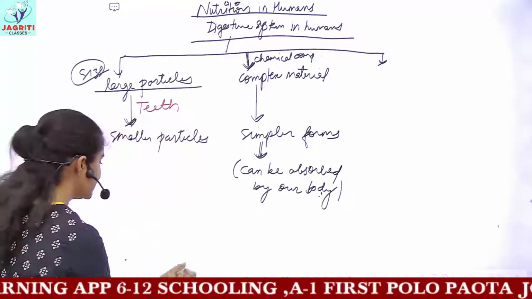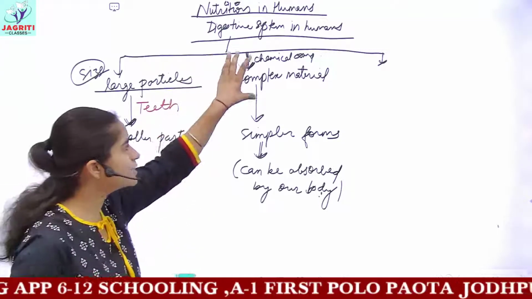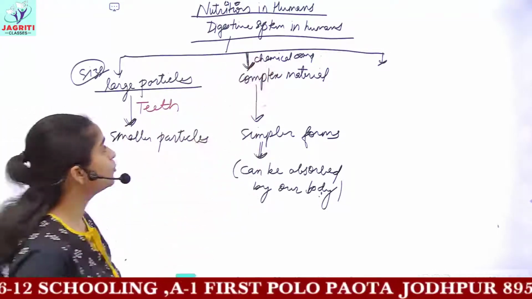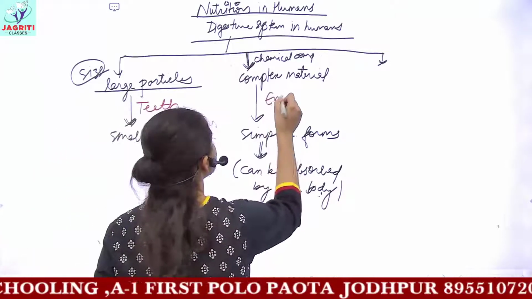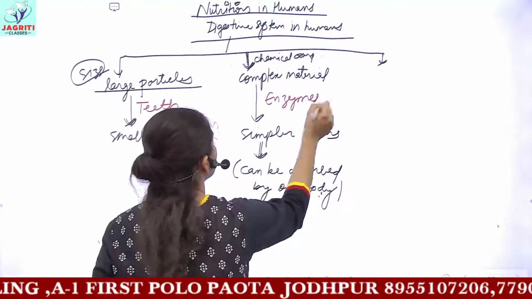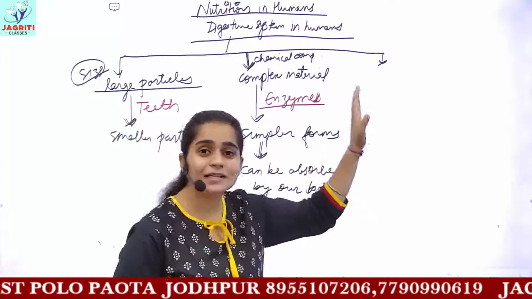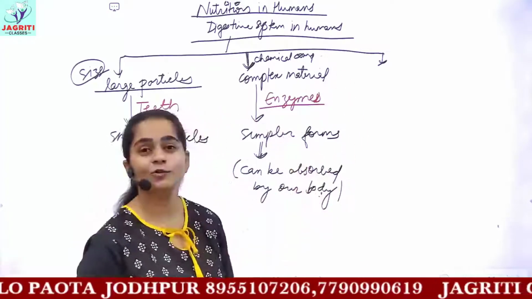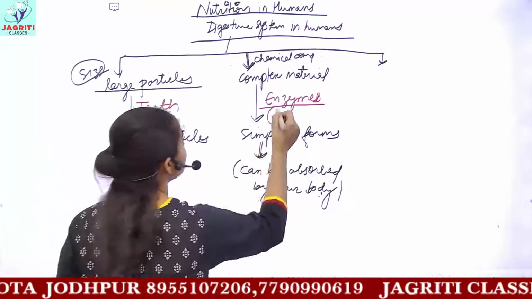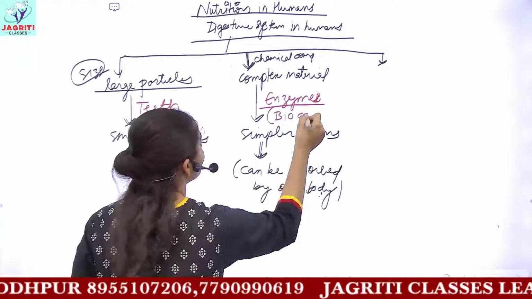So this process of breaking down the complex materials into simpler forms is carried out by enzymes. The enzymes present in our body work on these complex materials to convert them into simpler forms, and hence these enzymes are also called biocatalysts.